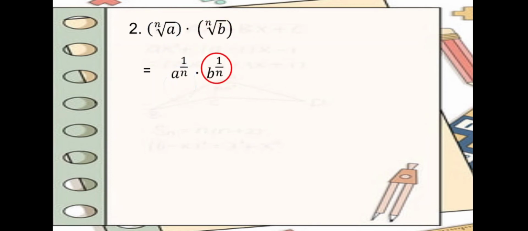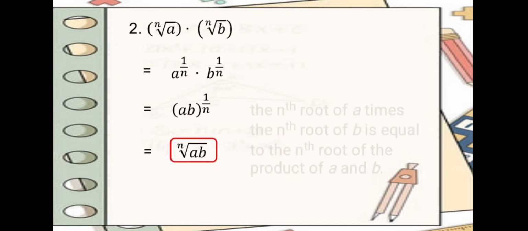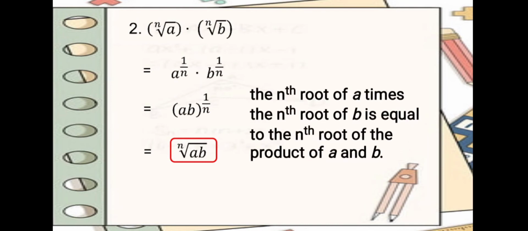Next, it becomes quantity AB raised to 1 over N. Next, transform natin ulit into radical expression. So, it becomes nth root of A times B. So, that is our answer.